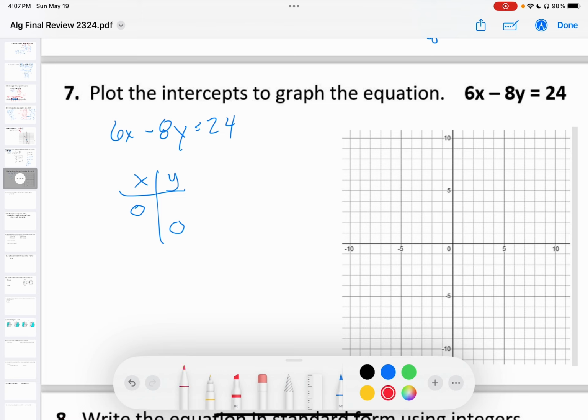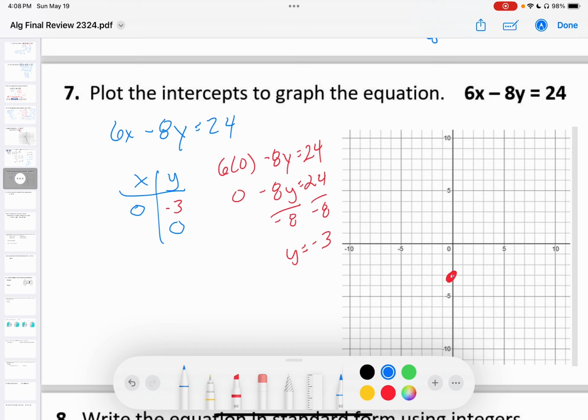So we're going to do 6 times 0 minus 8y equals 24. 6 times 0 is 0. Minus 8y equals 24. Divide by negative 8, divide by negative 8, and y is equal to negative 3. So there's 1. When x is 0, y is negative 3.